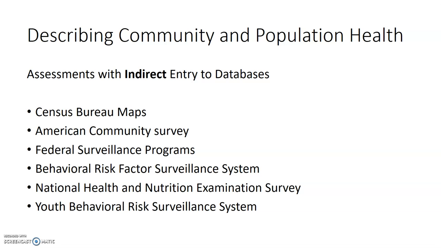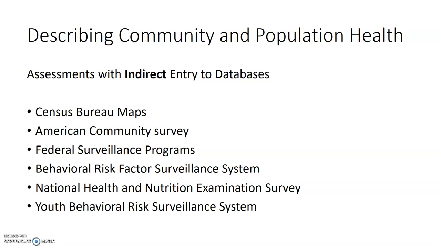Federal surveillance programs collect data that provide information for consumers and healthcare providers to help in healthcare decision making. Data related to maternal, child, and adolescent health, infectious diseases, oral health, and chronic disease are maintained in large databases that can be accessed for information that guides planning of population health initiatives.